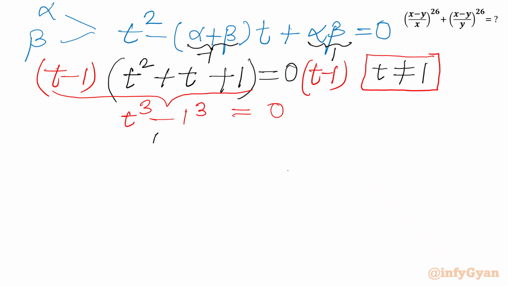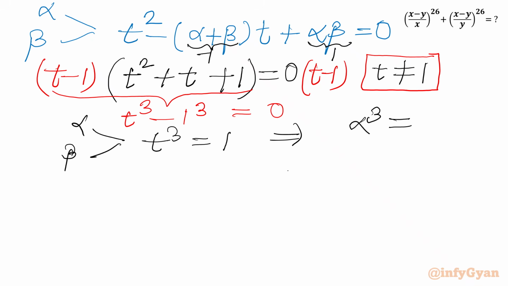Now we will get t cube equal to 1 cube, which is 1. Now we can plug t equal to alpha, t equal to beta, and we are going to get two most important equations, alpha cube equal to 1, beta cube equal to 1.